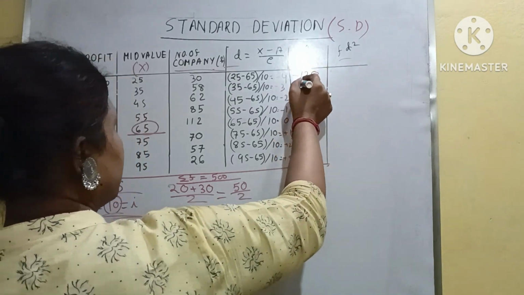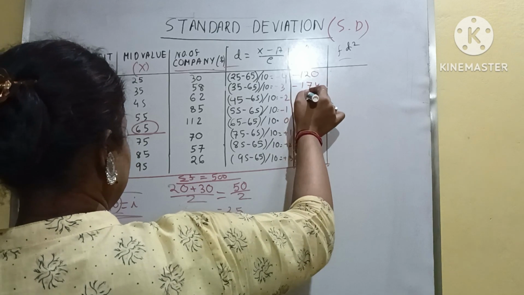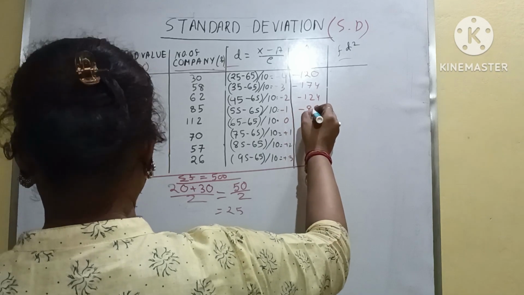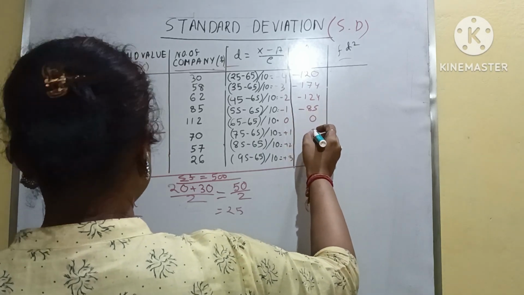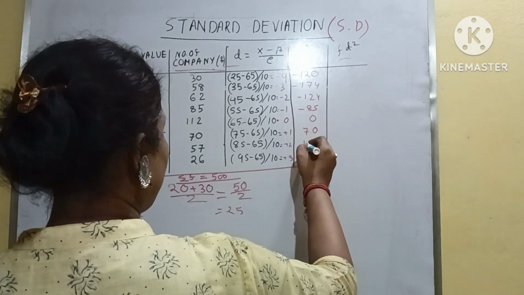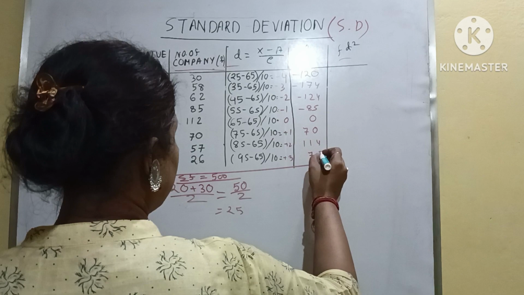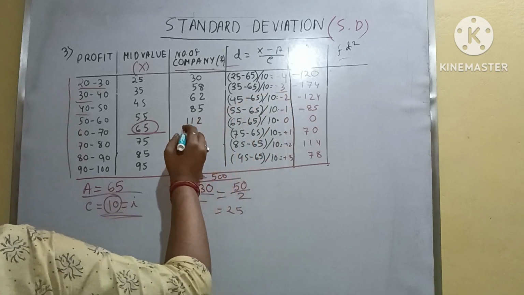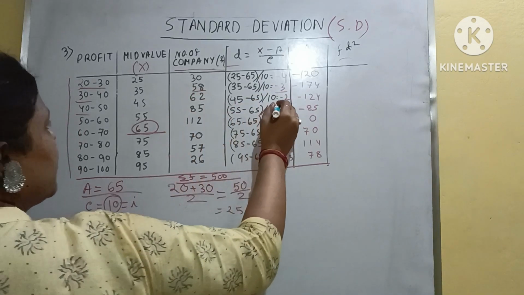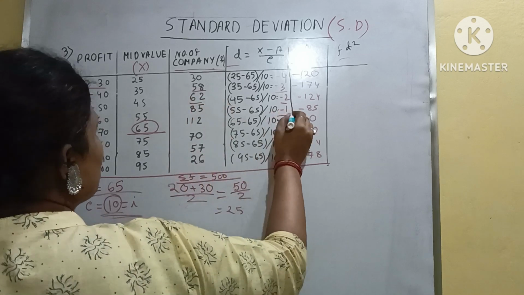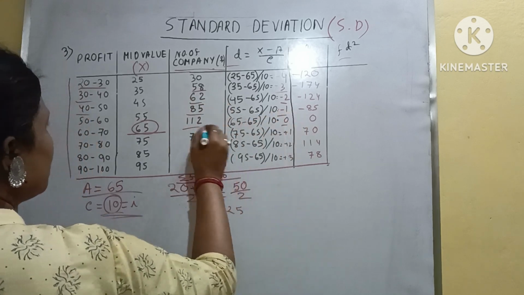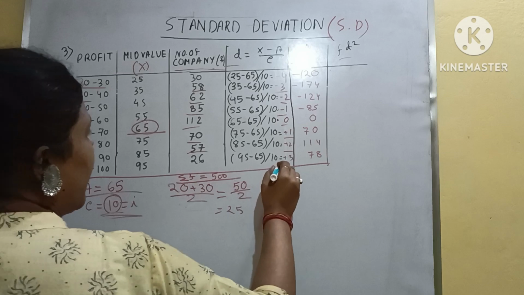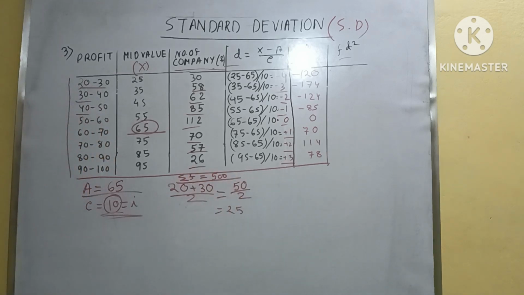In the same way, minus 174, minus 124, minus 85, 0, then 70, 114, and 78. Here, minus 3 into 58, minus 2 into 62, minus 1 into 85, 0 into 112, then 1 into 70, plus 2 into 57, and plus 3 into 26.